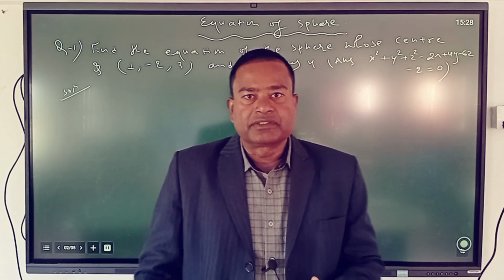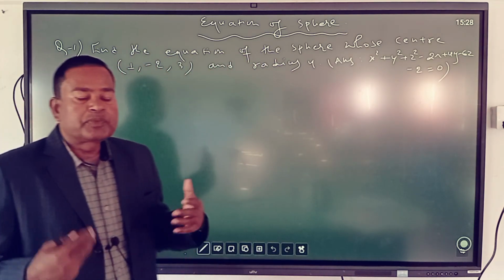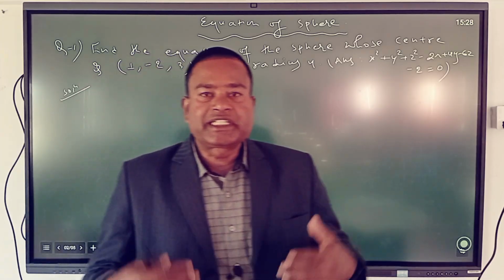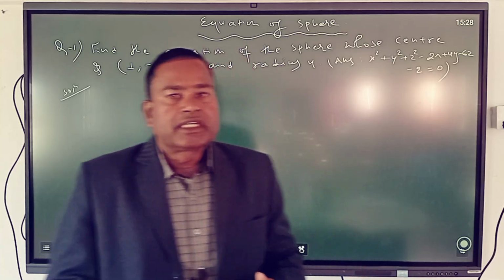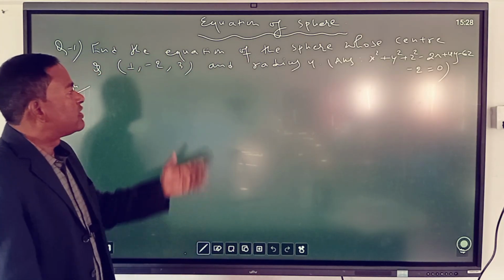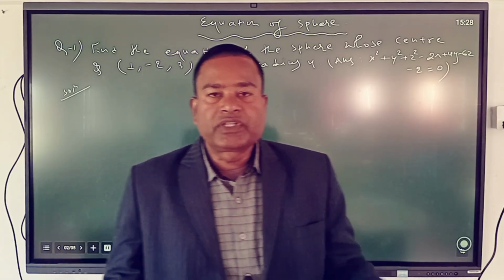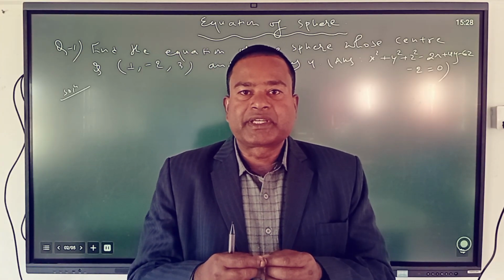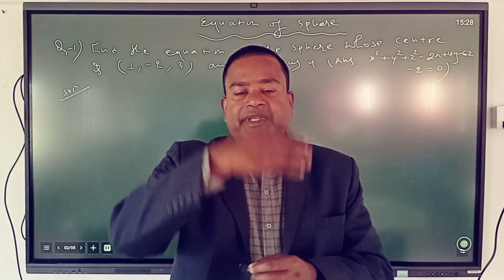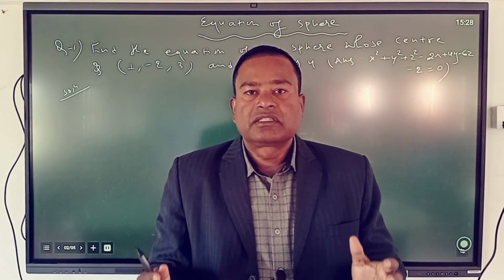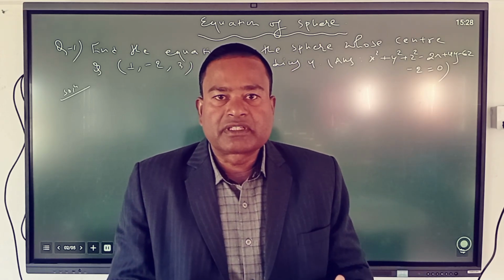And in this video, we are going to solve some of the problems related to the application of the distance formula. Dear students, by using the distance formula, we can find the equation of a sphere, because we know that all the points lying on the sphere are at equal distance from the center of the sphere.